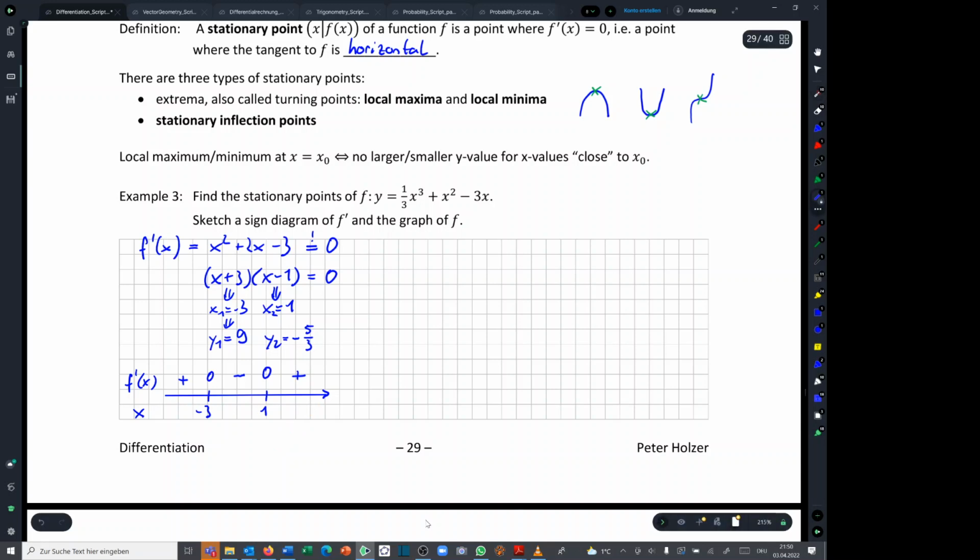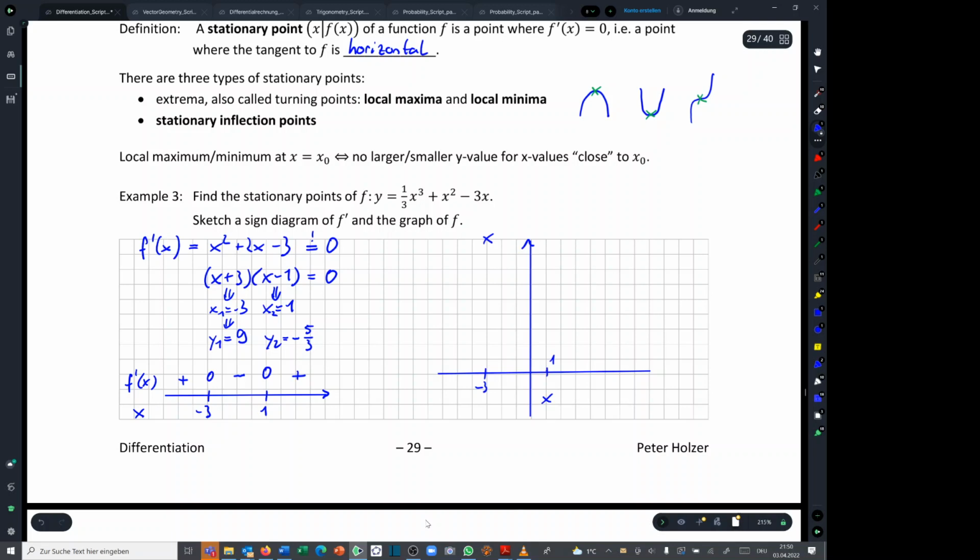So let us sketch now the graph of f. Something like this here. So at x1 equals -3, we have to go up to 9. That's somewhere up here. Then at x2 equals 1, we go down to -5/3.